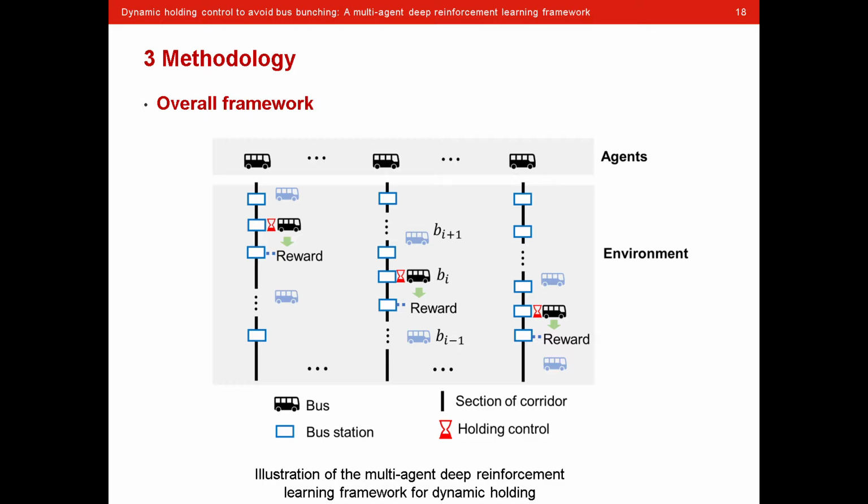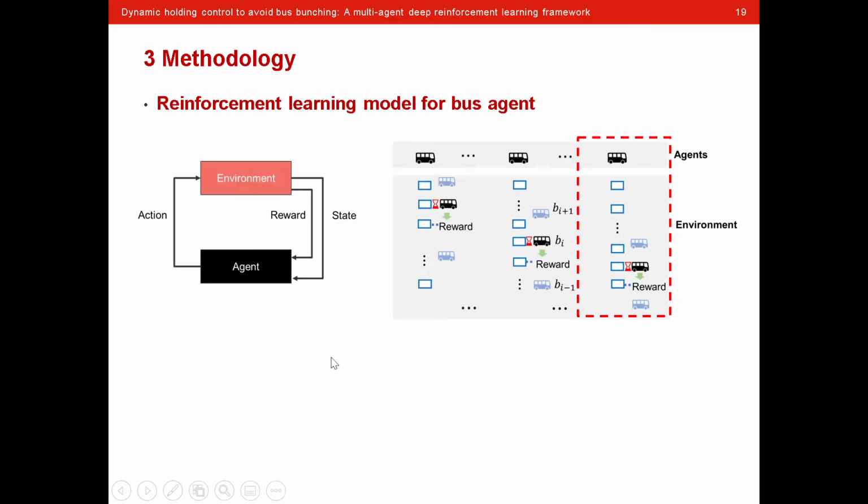As you can see here, the engines will be the buses and the environment will be the overall transit system. Let's have a more detailed look. From this picture, we can see how we can formalize the problem into a reinforcement learning architecture.